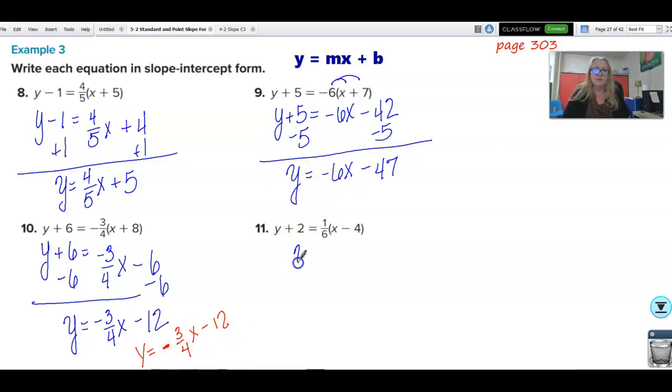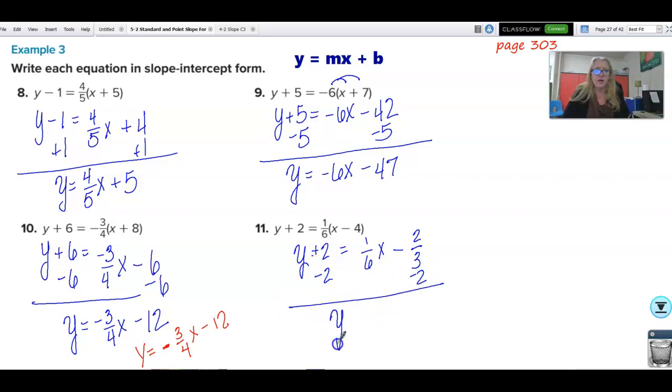And last one, let's get rid of the parentheses by distributing the 1/6. So we will have 1/6 x. And we're going to have minus, this would give us 4/6, which reduces to 2/3. We'll just go ahead and reduce it. Now we need to subtract 2 from both sides.